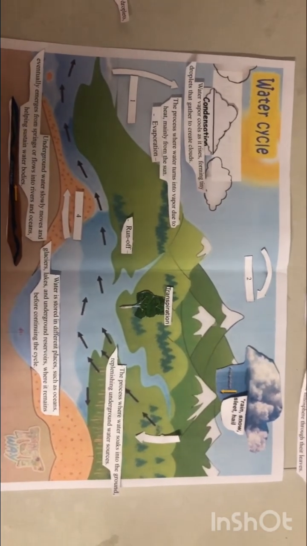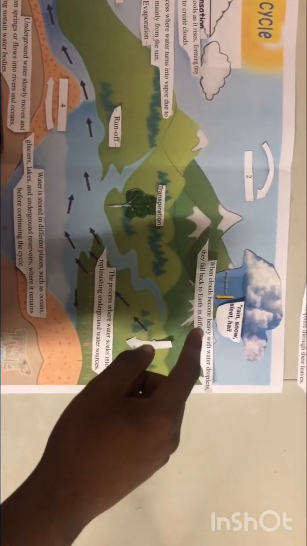And then we move on to another definition we could take to make it easier to understand. When clouds become heavy with water droplets, they fall back to earth in different forms.